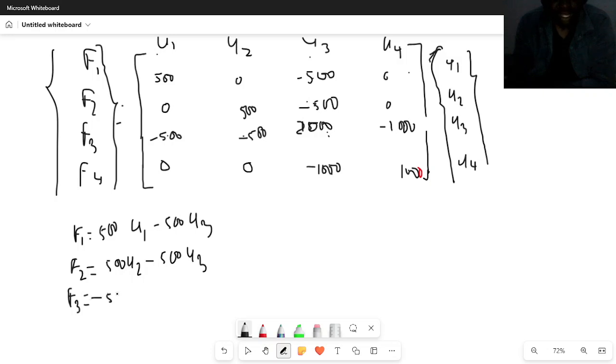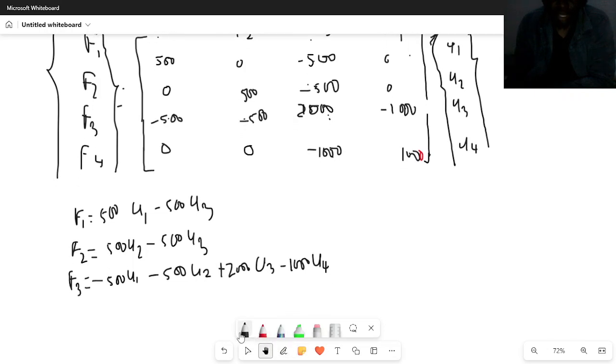Minus 500 times u1. Now this is multiplying this, this is multiplying this, minus 500 times u2, plus 2000 times u3 minus 1000 times u4.